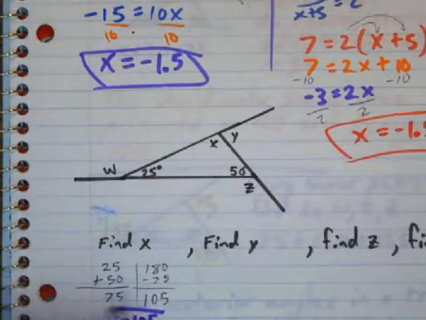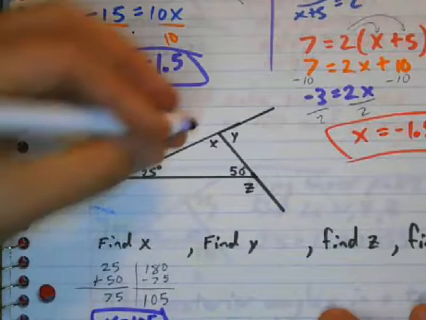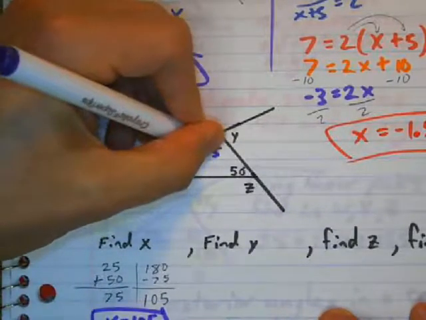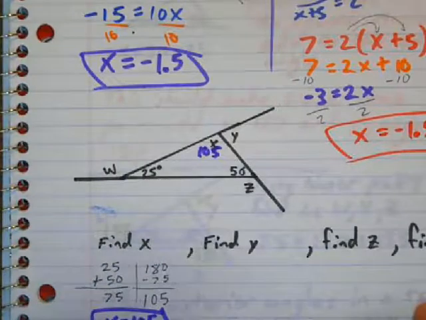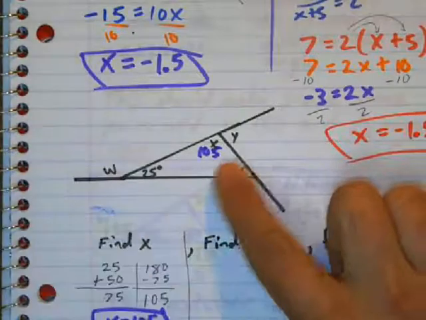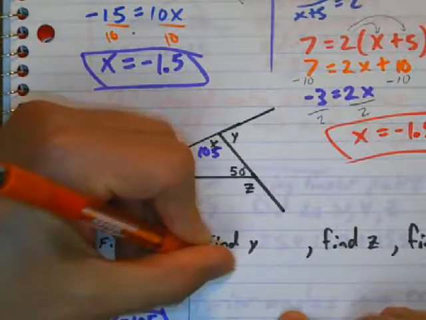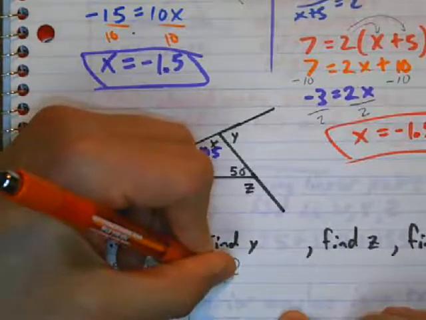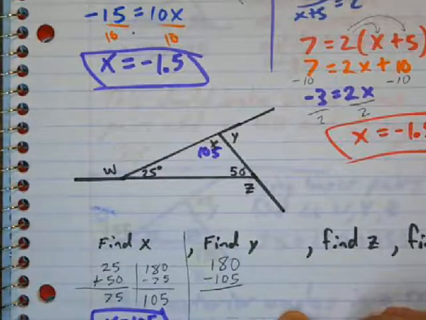Now, if this is 105, then I can figure out y, because these two are a linear pair. So I can do 180 minus 105, and we are going to get 75.